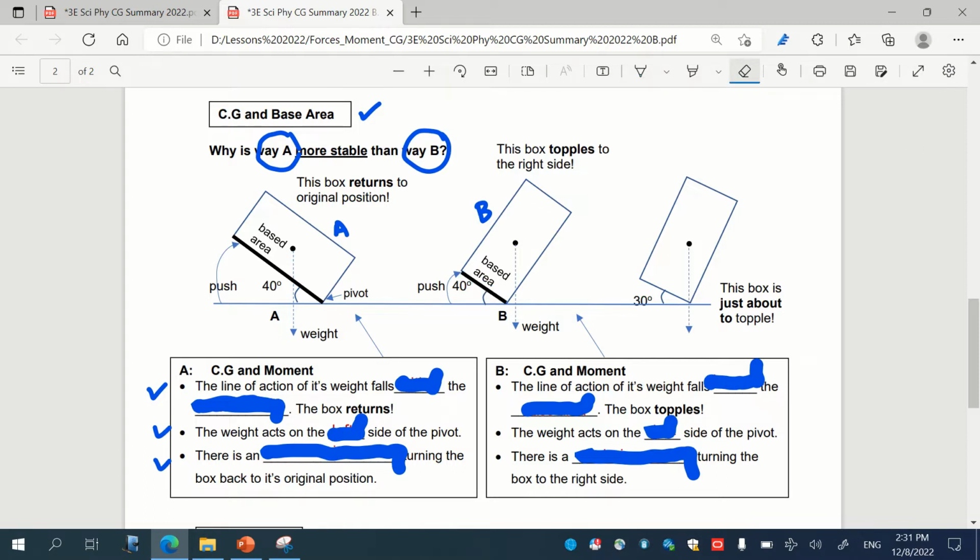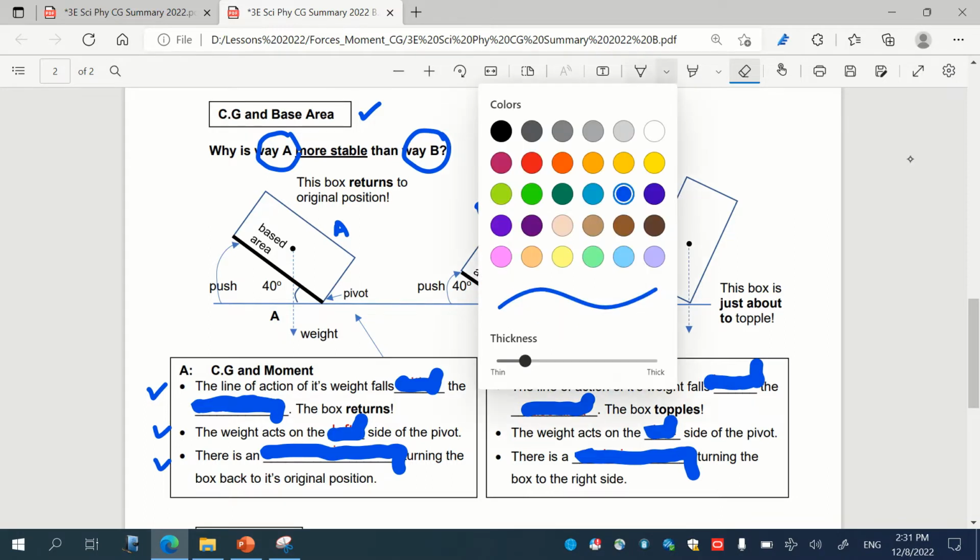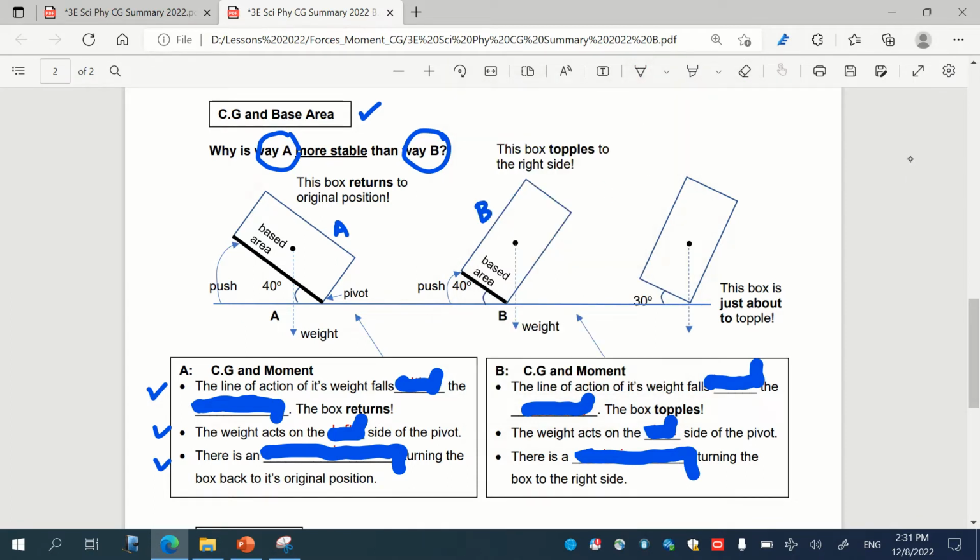To see how both behave differently when they are tilted the same angle, I would like you to see that I have both of them tilted the same angle here, 40 degree. In comparison, I make sure that both angles are the same. So they are tilted 40 degree both, but they are going to give different effect.